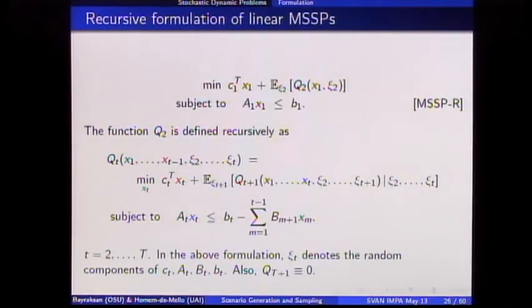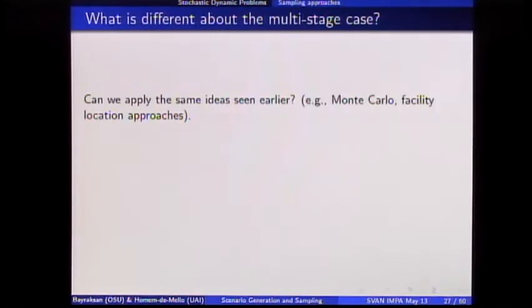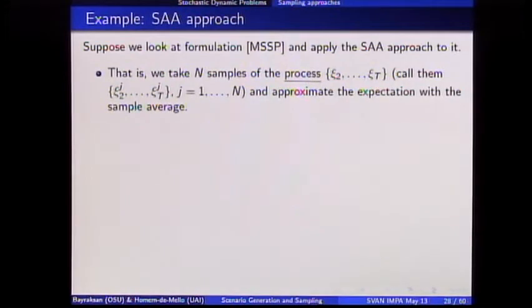Now you don't have just a xi2, you have a whole process, xi1 to xt. You can think of this being a vector now, and I could sample from this vector and take the average. That's how we do it.